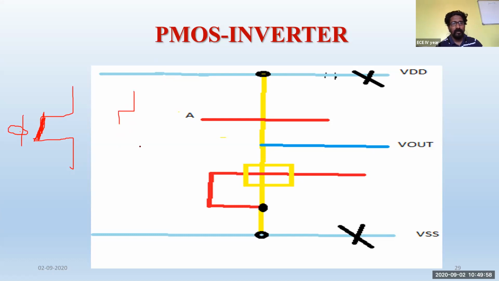If I am drawing for the inverter, so see now, if this is my normal CMOS inverter, I'll be supplying some input here. This is my VDD, and this is your ground terminal.